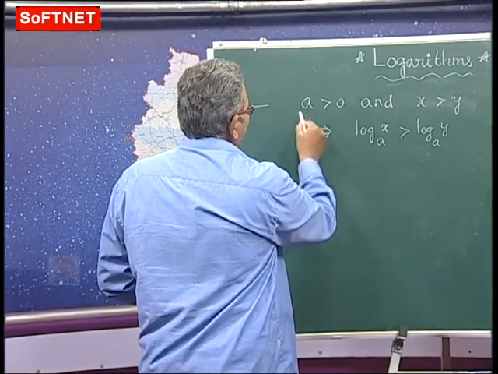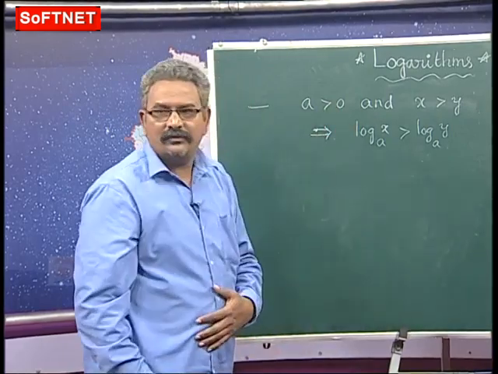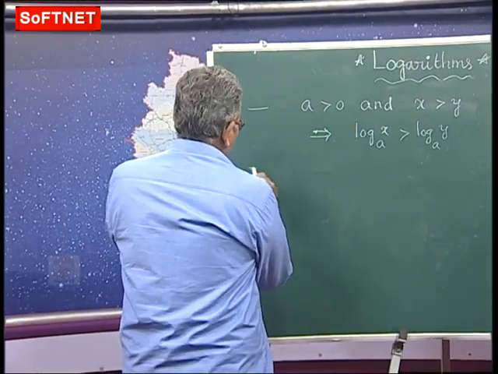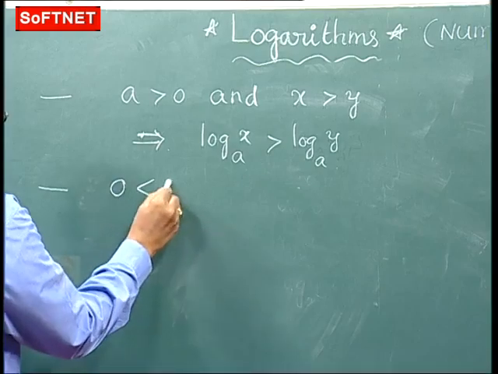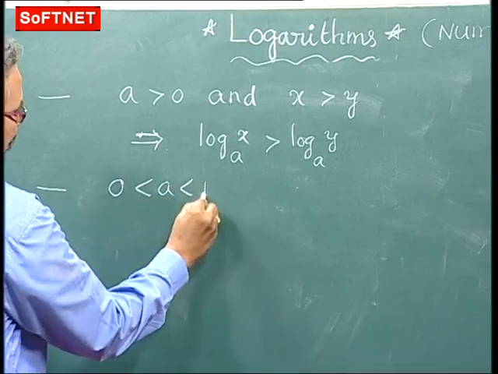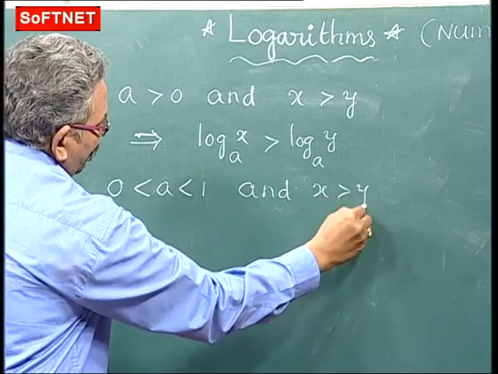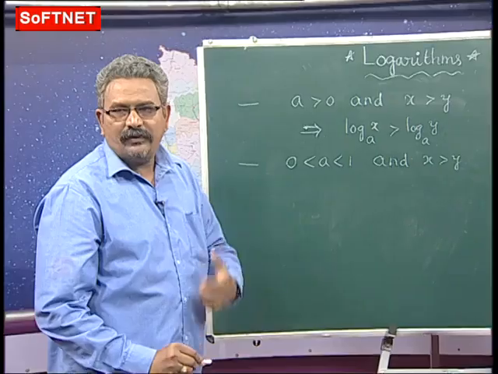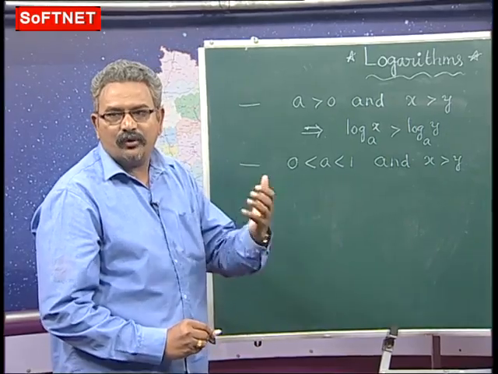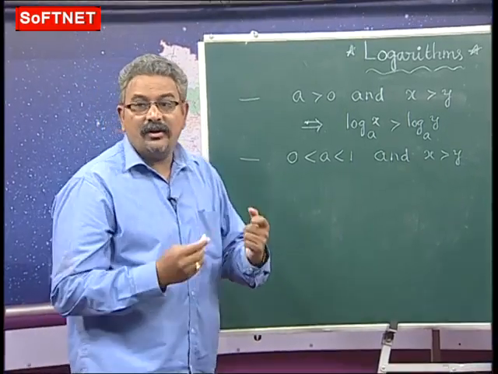Suppose instead of a greater than 1, 0 less than a less than 1 is there, provided x is greater than y. If you apply the logarithm on both sides, what shall we get?